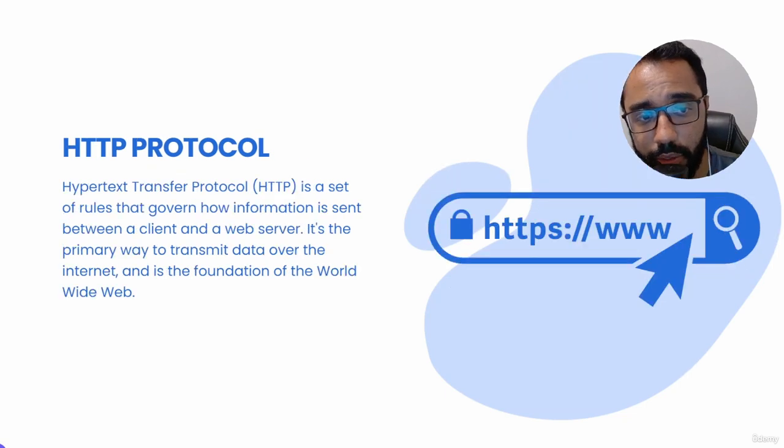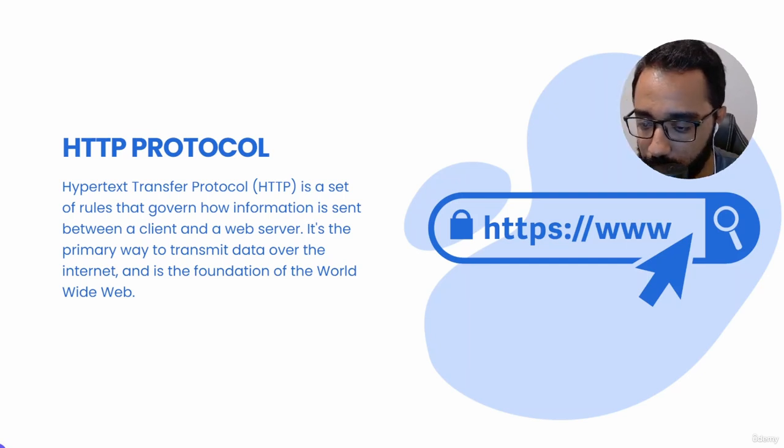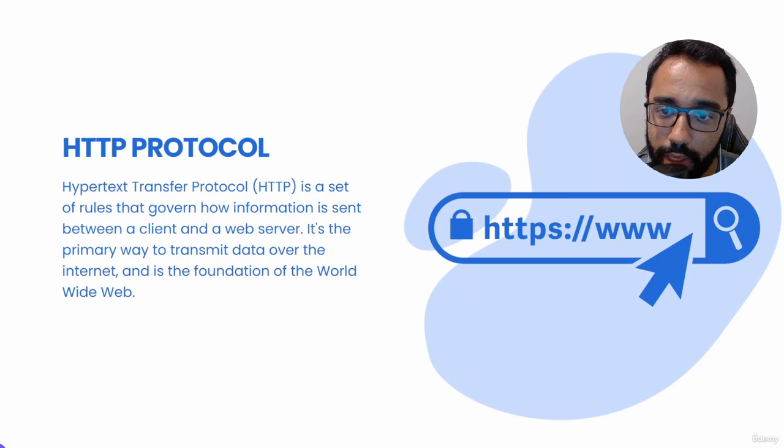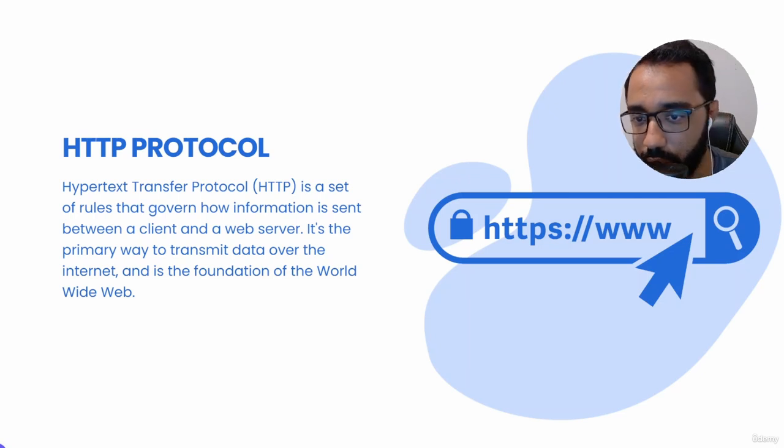Also, we have the HTTP protocol. HTTP means Hypertext Transfer Protocol. It's a set of rules that govern how information is sent between a client and a web server, right? Let's say you want to send a file, access a website, or send a request to an API. It is the HTTP protocol that takes care of all of these communications through the website.